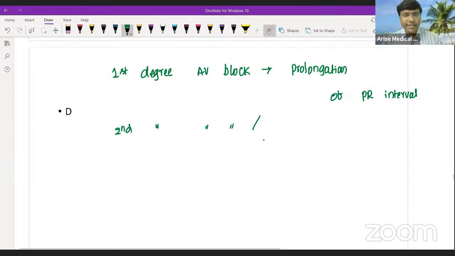And you take second degree AV block. Second degree AV block is of two types: Mobitz type 1 and Mobitz type 2.